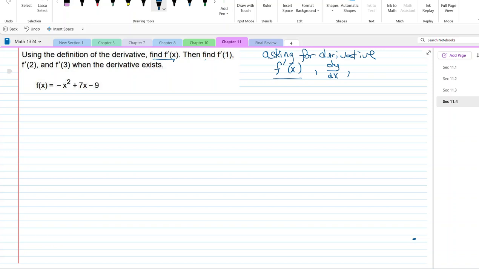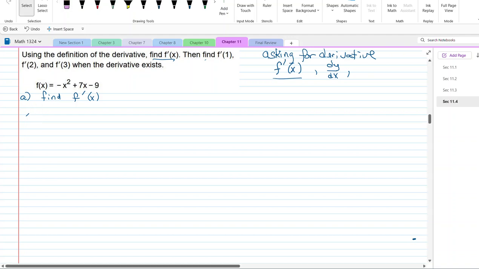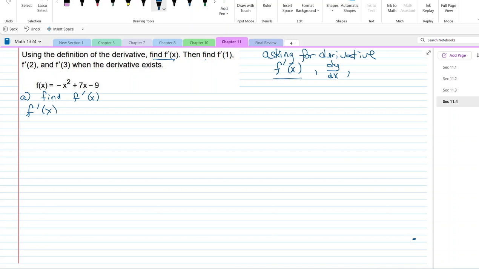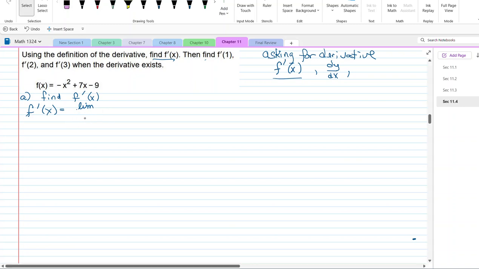So our first step is find the derivative. Find f prime of x. So we're going to take the limit. Actually, I better write f prime. F prime of x equals the limit as h approaches 0, not x, of, and I'm going to put the negative outside because the function is only on the x.